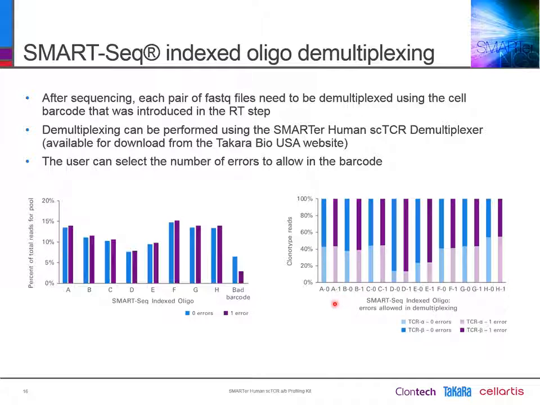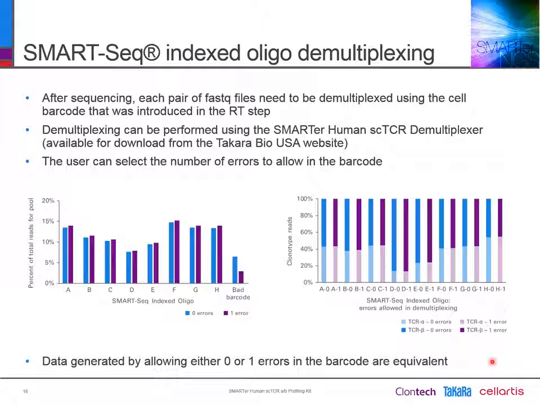When you look at barcode A with 1 error, you see the same data. So that gives us confidence that either 0 or 1 errors can be used for demultiplexing. In the data I'm going to show in this presentation, I've demultiplexed using 1 error, just because that allows slightly more reads to map to the indexes and fewer to go to the bad barcode.